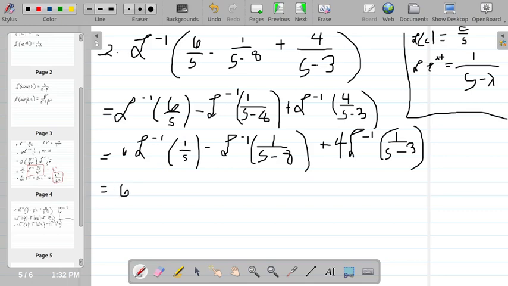The inverse Laplace of 1 over s is just the constant itself, which is 1.